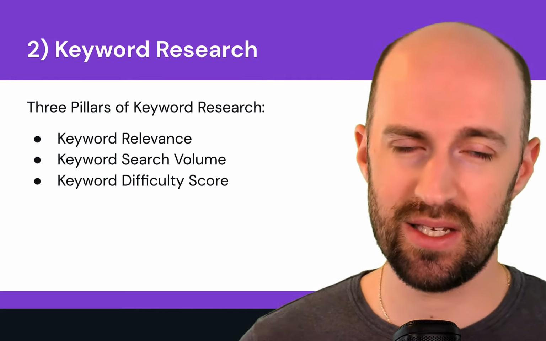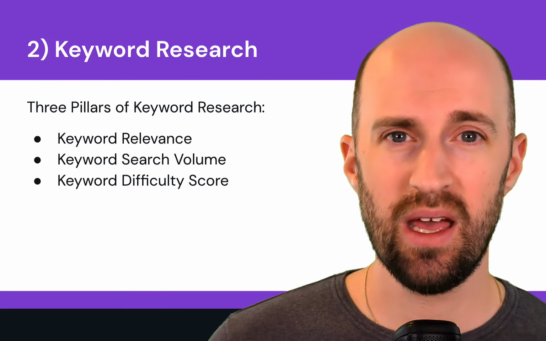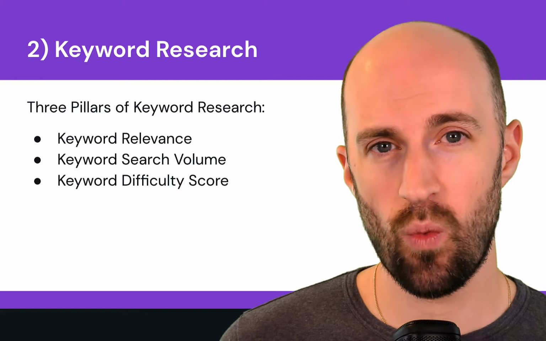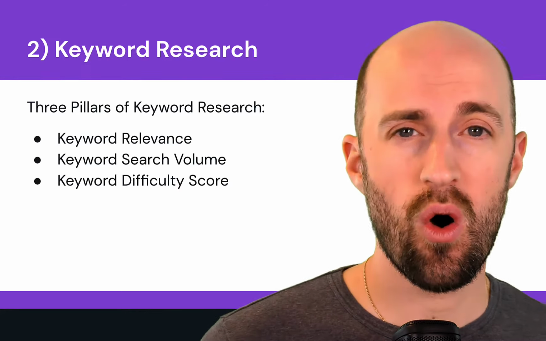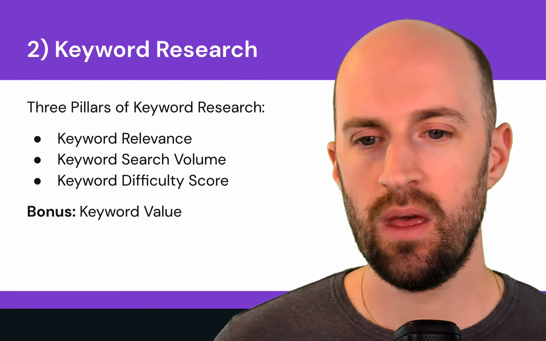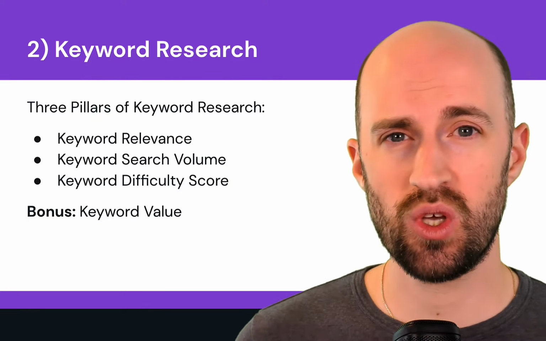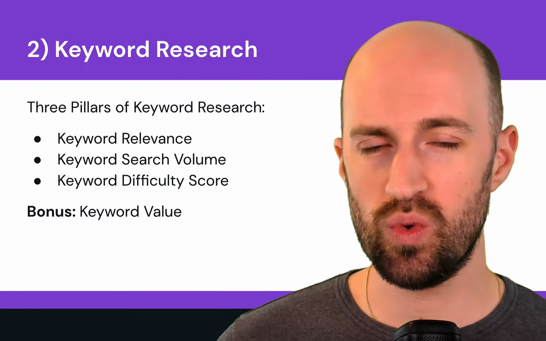And this changes depending on what tool you use. But in Hike, it's basically between 1, which is the lowest difficulty score, the easiest to rank for, all the way to 10, which is the most difficult. And bonus, keyword value. You may not see this in Hike, but other tools you might find it.